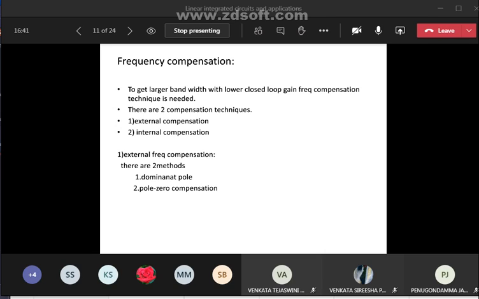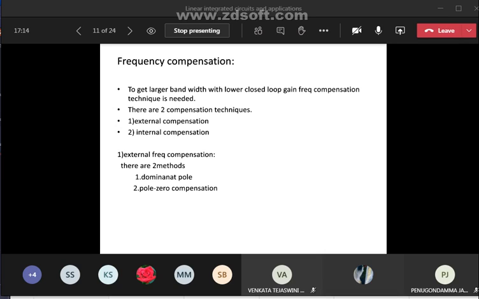There are two compensation techniques: external compensation and internal compensation. In external frequency compensation there are two methods, dominant pole and pole zero.